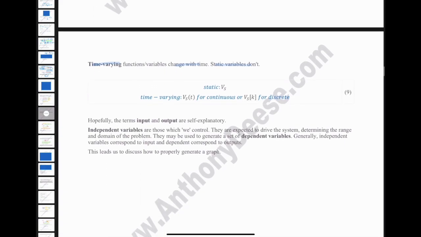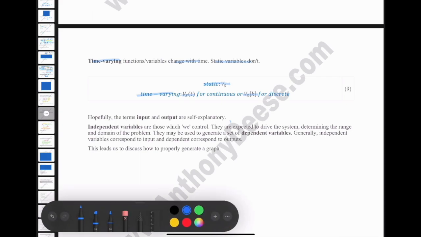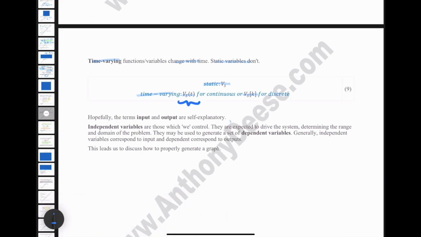So a static variable, which normally we would associate with, let's say, voltage within a DC circuit, would be Vs, and then time varying would be Vs of t, or Vs of k. The only difference being that one is generally a description of continuous time, and this is a description of discrete time.